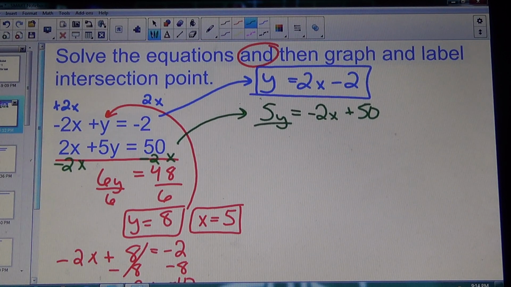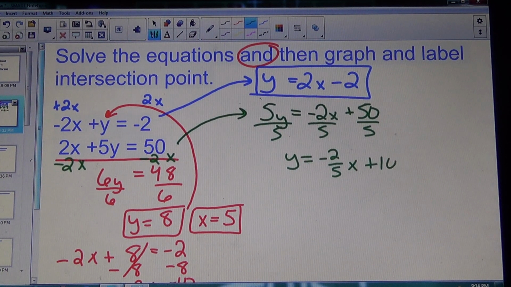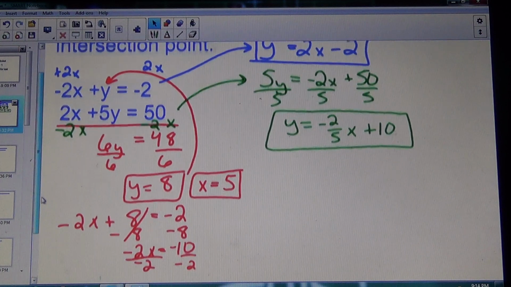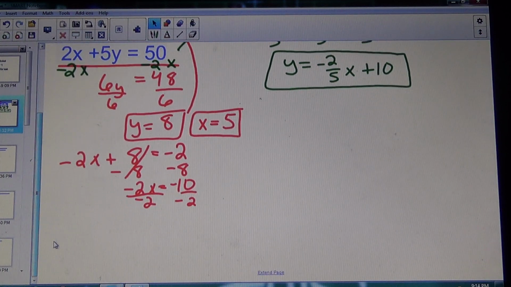I then would divide everything by 5. So I get y equals negative 2/5 x plus 10. There is my second equation that I'm going to need to graph. On the test I will actually have a graph sheet of paper for you, but here I don't, so let's graph this.